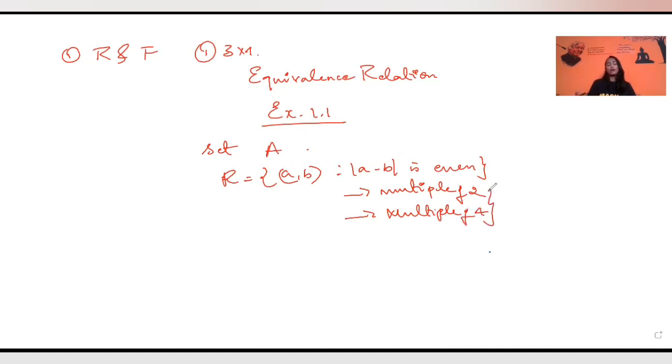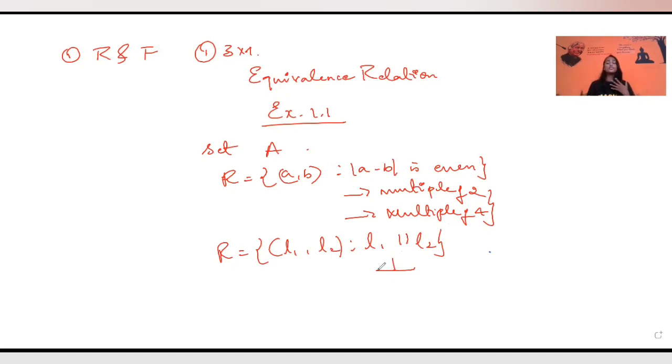You need to concentrate on this. Another type they can ask is that the given relation is defined on the set of lines, and the relation is defined as (L1, L2) belongs to the relation if and only if L1 is parallel to L2. They can also ask perpendicular. Or on the set of triangles: triangle 1 and triangle 2 belong to the relation if triangle 1 is similar to triangle 2 or congruent to triangle 2.